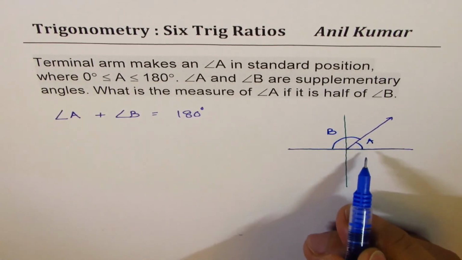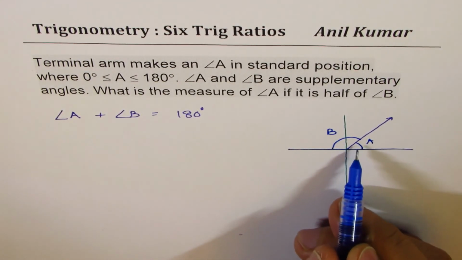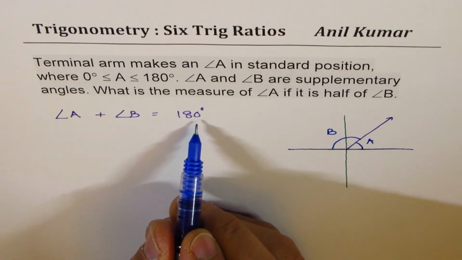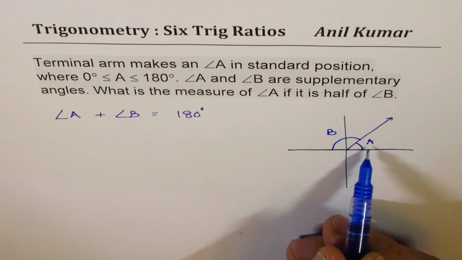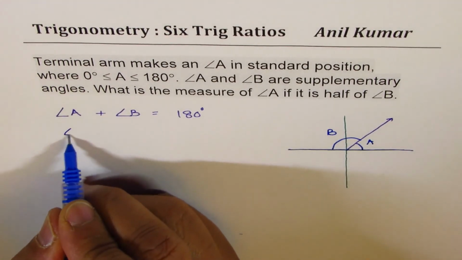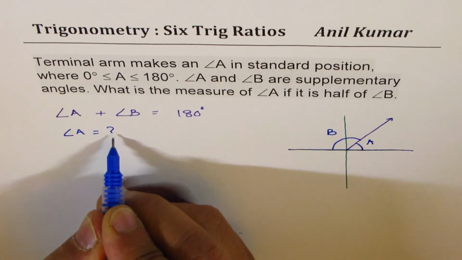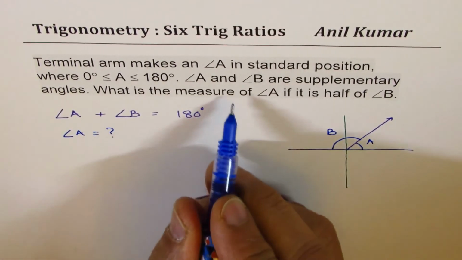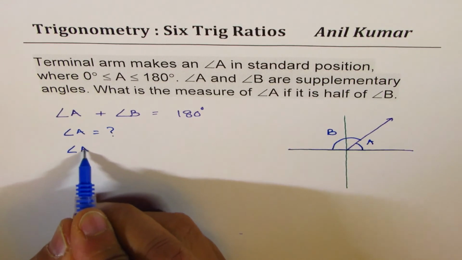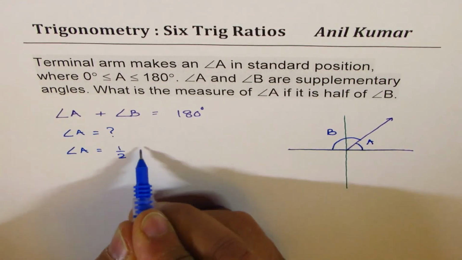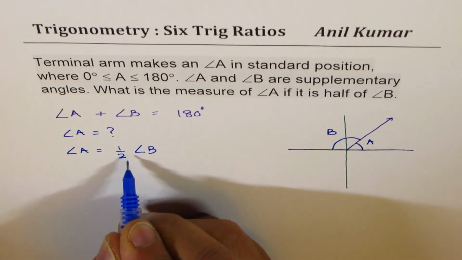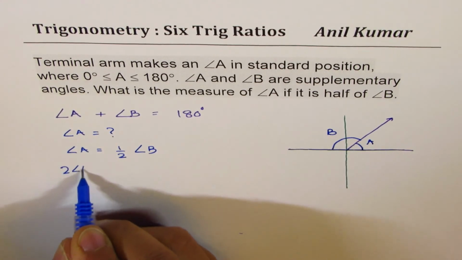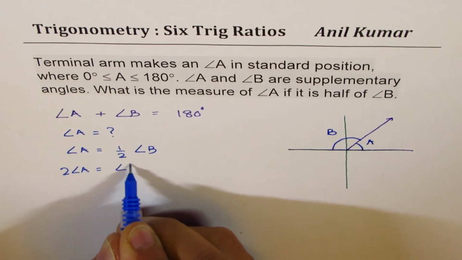So we can clearly see that the combination of A and B results in 180 degrees, and we need to find angle A, right? We are already given that angle A is equal to half of angle B, right? Or we could say twice angle A is equal to angle B.